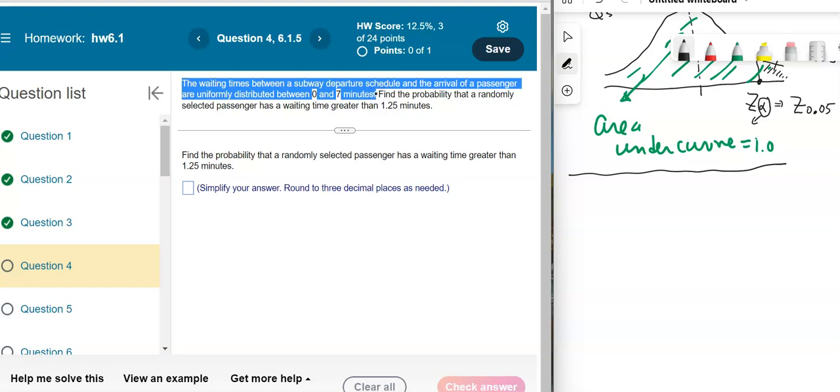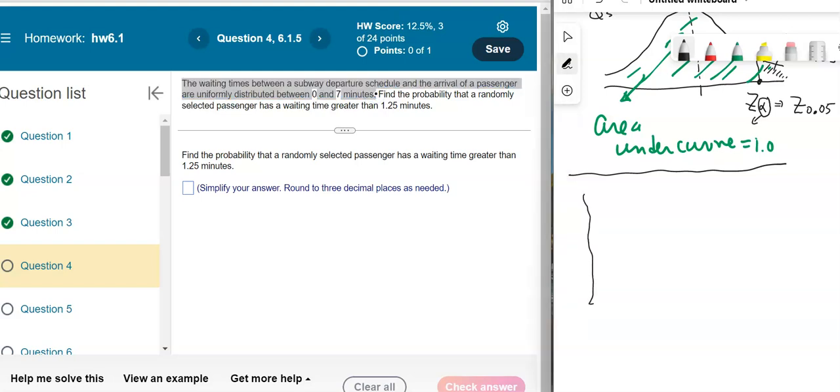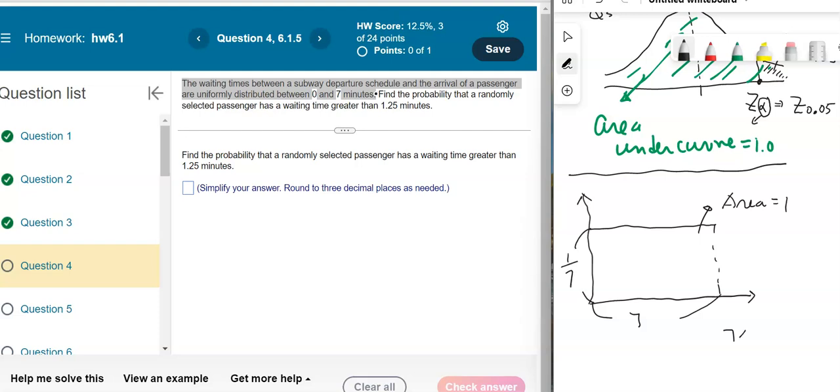What that means, it's not bell-shaped. Uniform distribution means like a rectangle. And this area is still 1. 0 to 7 minutes, so this is 7. So this must be 1/7. That way 7 times 1/7 equals 1.